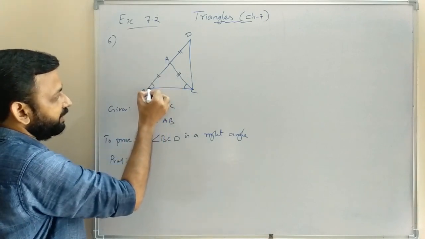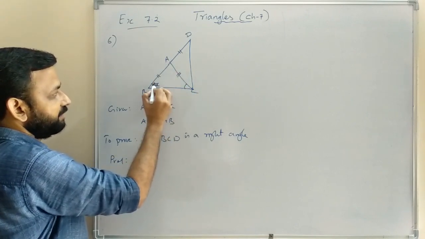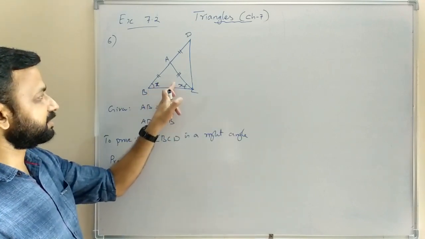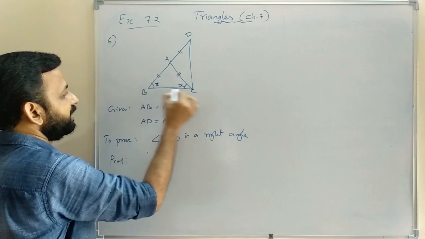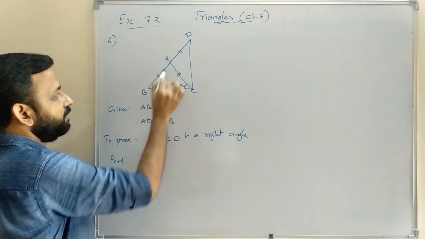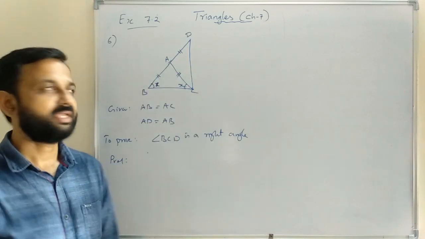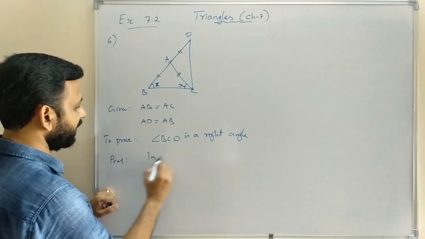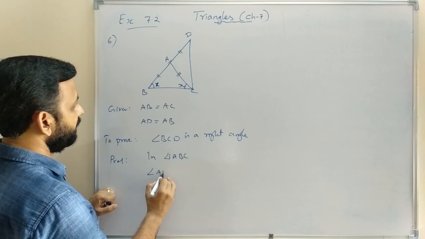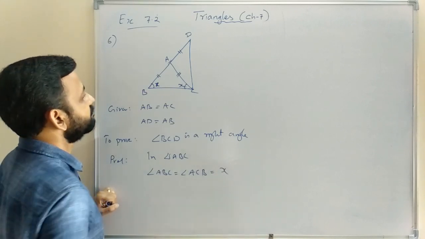We can take it as X. So this angle is X, and this is also X, because the angles opposite to equal sides are equal. So in triangle ABC, angle ABC equal to angle ACB equal to X.